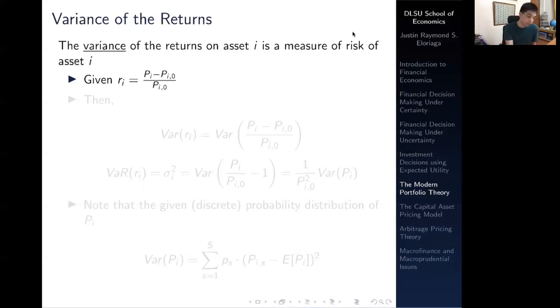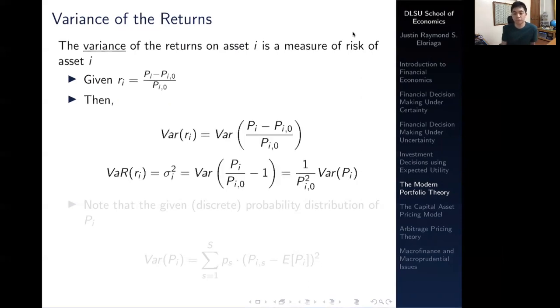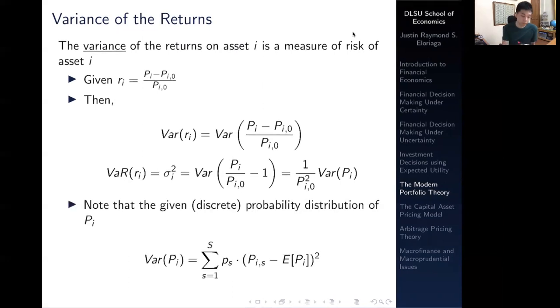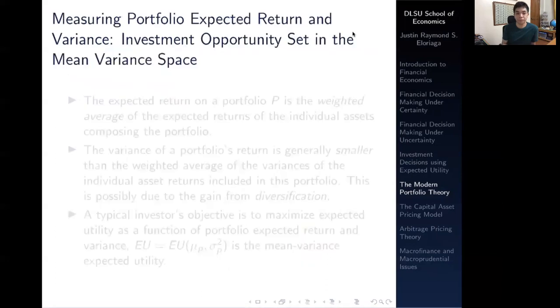Say that you were given this return here, then we can express the formula of the variance as being equal to this, just by using the properties of the variance you've learned in basic statistics. And note that most people would be more familiar with this definition of the variance, which is more conventional in statistics notation: your raw value minus the mean, squared, times the probability. So that's how you would be getting the variance in that way.